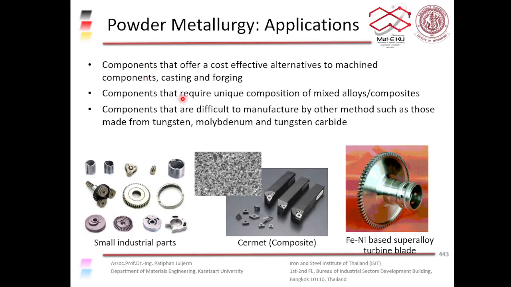Okay. Applications for powder metallurgy include components that offer cost-effective alternatives to machined components, casting or forging. So small industrial parts that are difficult to cast or difficult to forge, you can use powder metallurgy to produce, like small gears, like in those really expensive watches that have small mechanical movement inside.